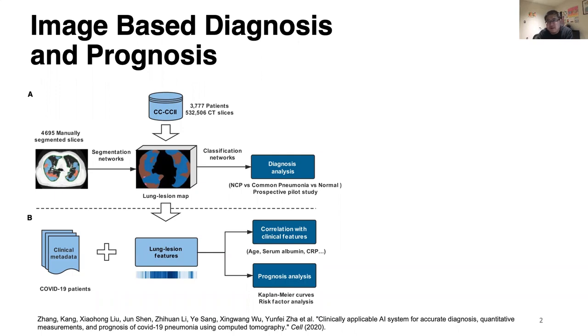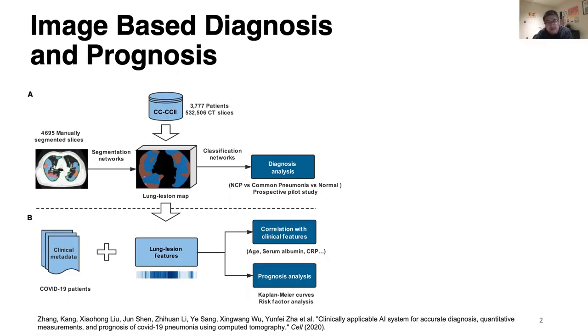The COVID-19 diagnosis system is composed of two models. One is the lung lesion segmentation model. The other is a diagnosis prediction model. The authors proposed to first train a segmentation network with 4,700 manually segmented images from COVID-19 and common pneumonia patients, and then feed the result to the diagnosis classifier, which can further produce the probability of the corresponding patient belonging to one of the three classes: COVID-19, common pneumonia, and normal controls.